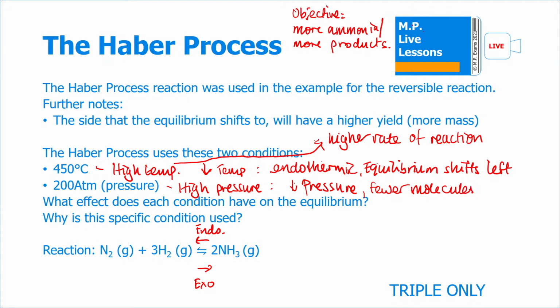It means the equilibrium shifts to the right. And also the high pressure causes a faster rate of reaction as well. However, we can't go any higher than this because higher pressures are more expensive.